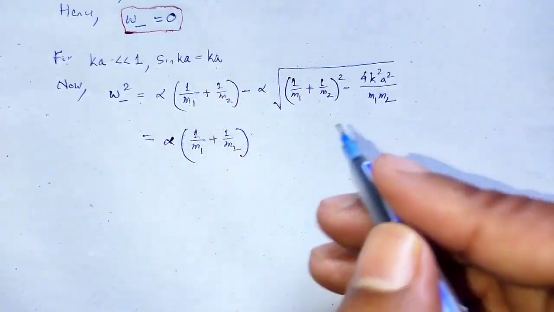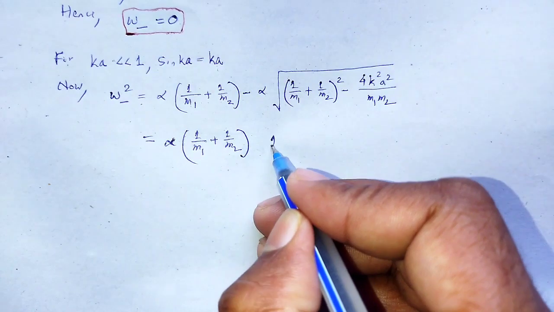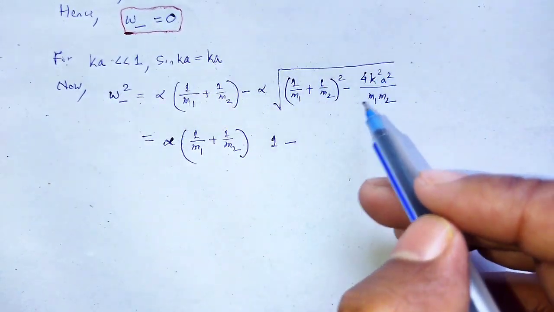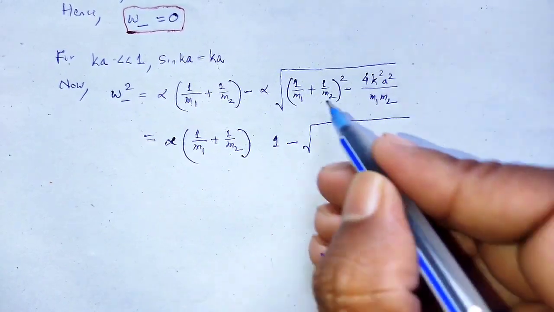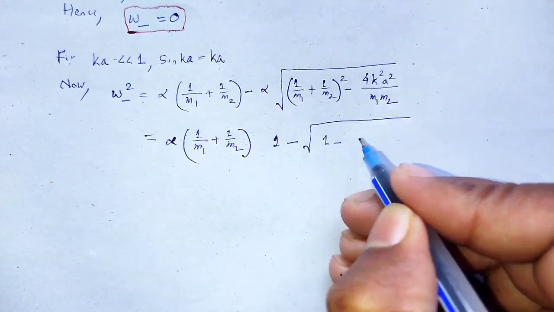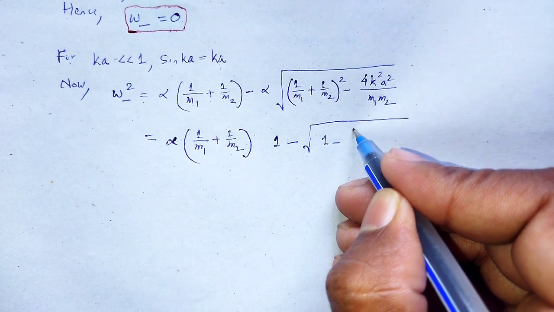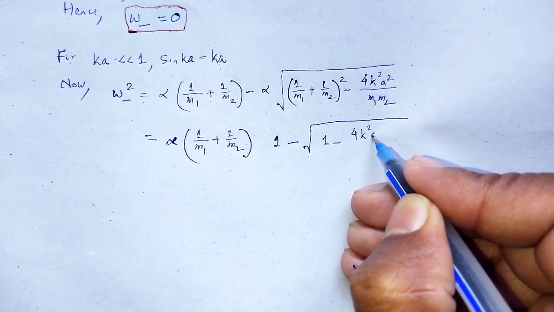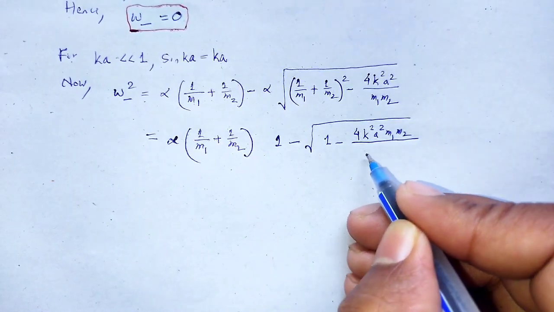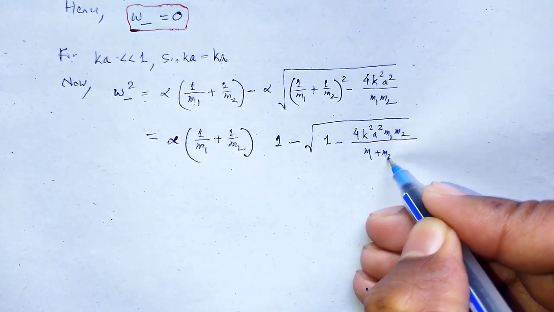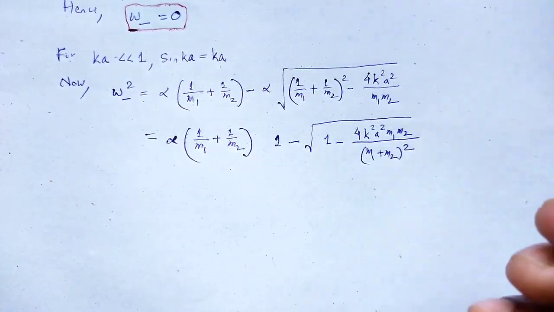So here we have 1 minus, then inside the root term we have 1 minus 4 k square a square m1 m2 divided by (m1 plus m2) whole square.